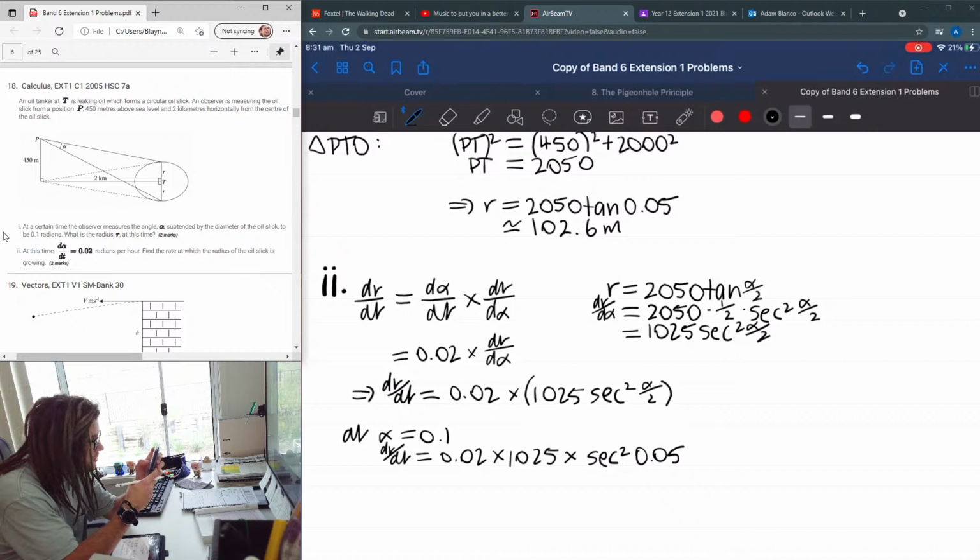Why won't you let me type that in? It's giving me a syntax error. Why is it giving me a syntax error? Sec squared 0.05. Why you give me syntax error?